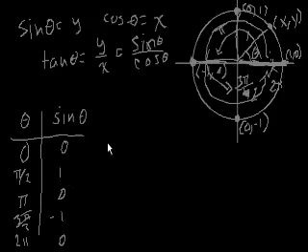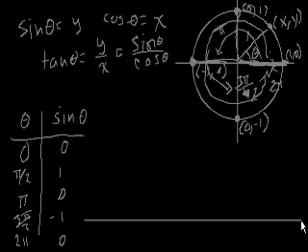So let's graph these points out, and then we'll try to figure out what the points in between look like, and I'll show you what the graph of a sine function is. So let's draw the x-axis. This is my x-axis. And let's draw the y-axis.